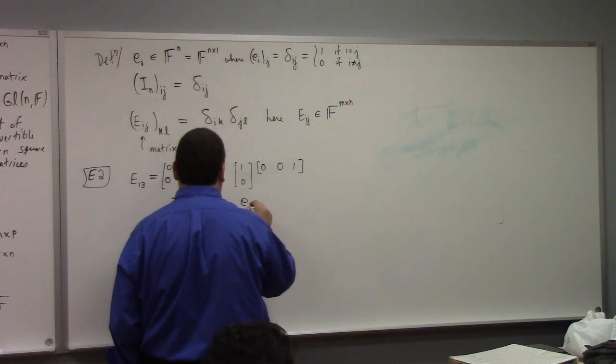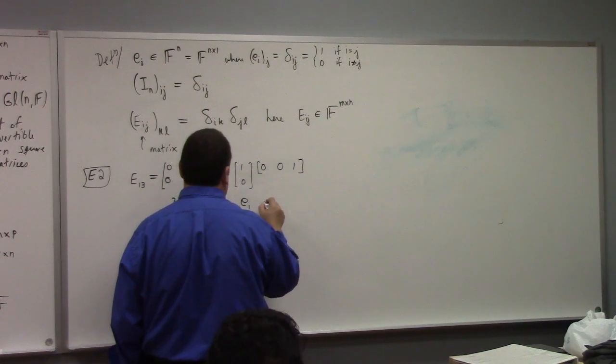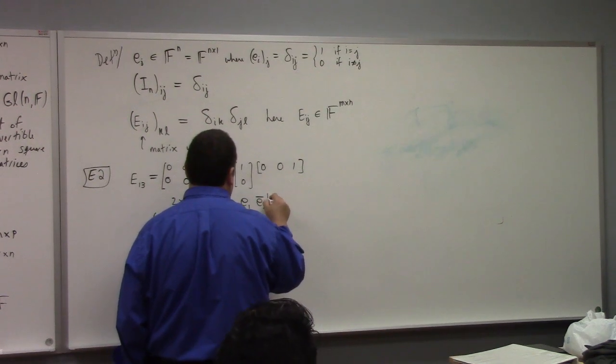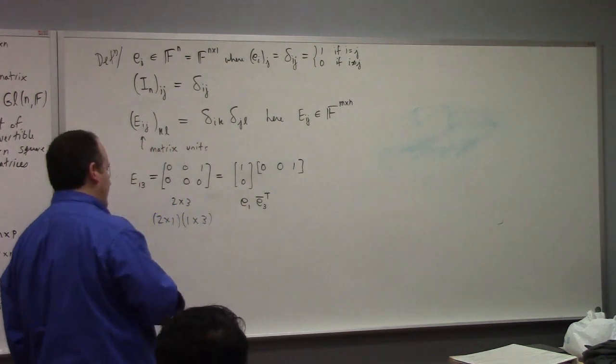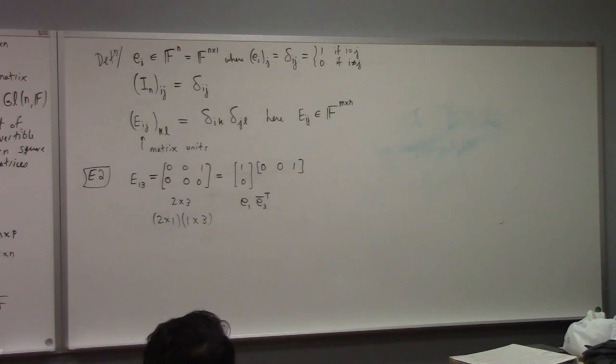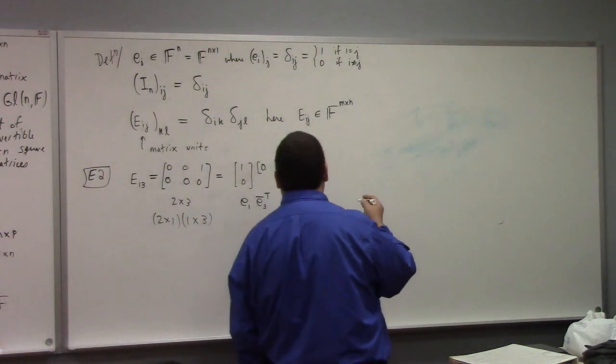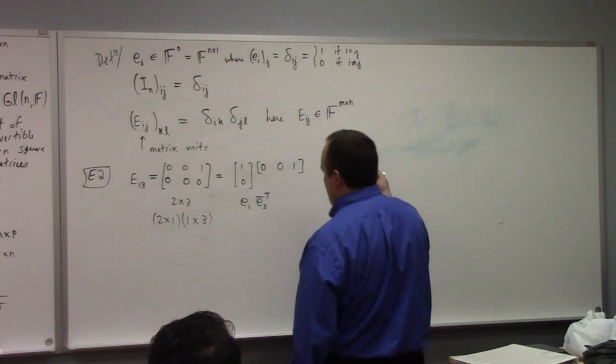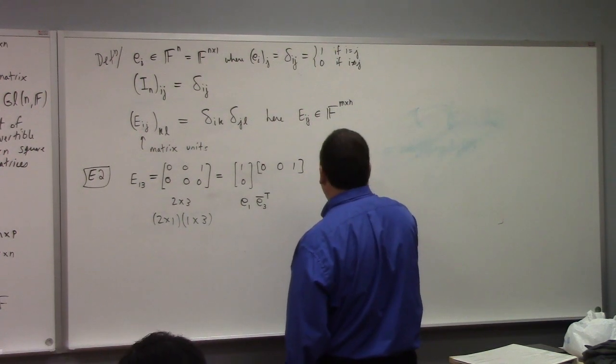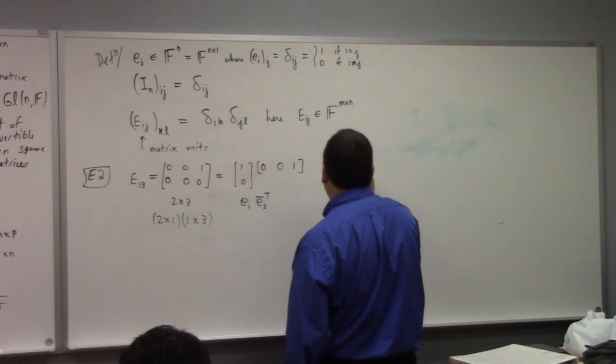This is E1 times E3, and I'm going to put a bar on it, transpose, because it's not the same dimension. This is part of a larger thing that I always have to look at my notes. If I was looking at my notes, we would probably have wasted less time here, but oh well.